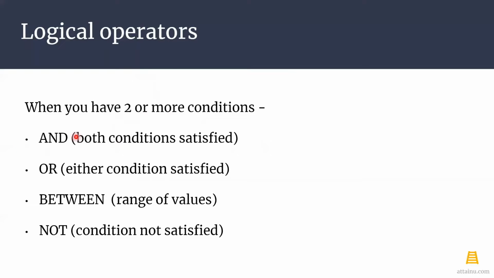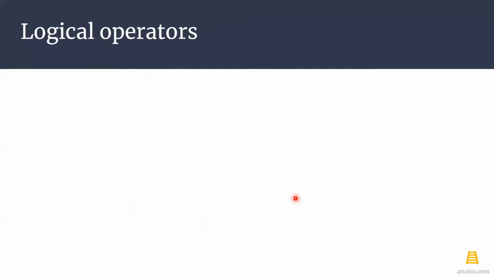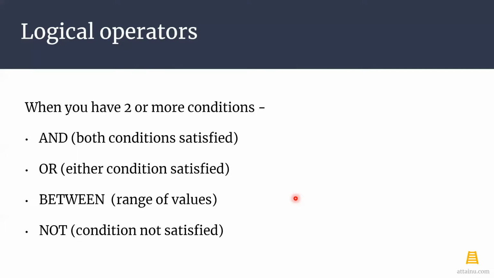So and means that both conditions have to be satisfied. Or means that either condition can be satisfied. Between is used to find values that are within a certain range. And not means that that specific condition is not satisfied. So there's two kinds of operators that we look at, the comparison operators and the logical operators.